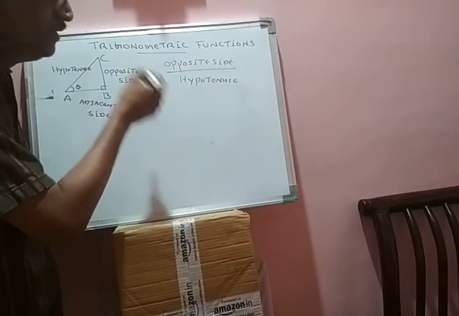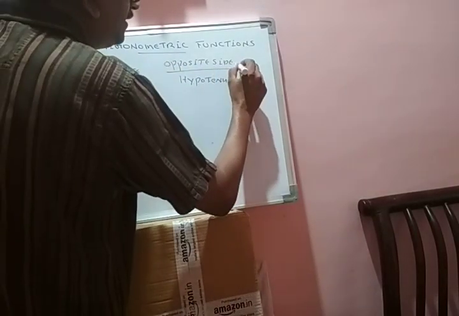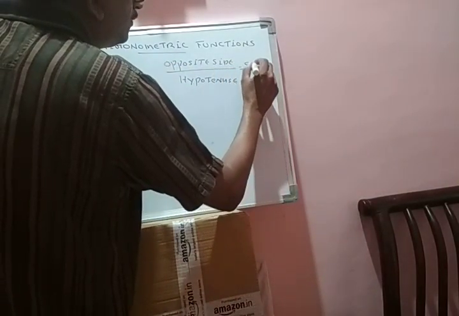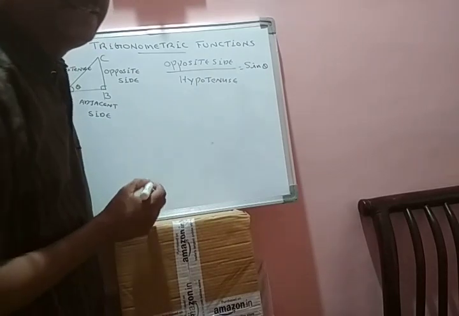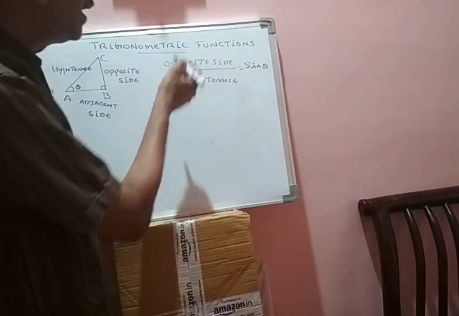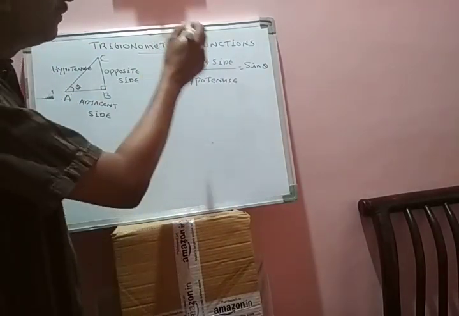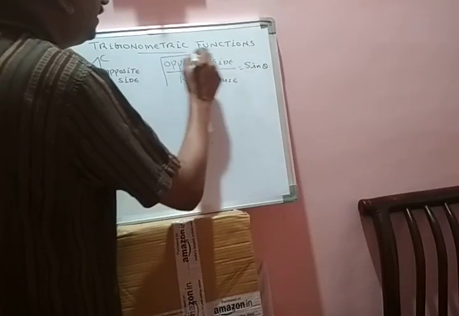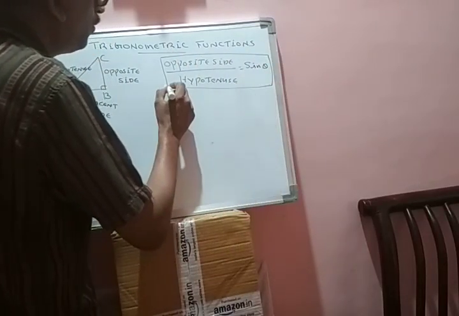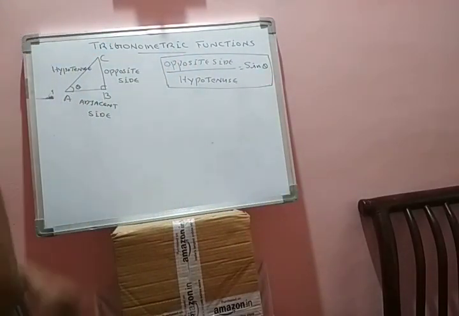This is a ratio. This ratio is known as sin theta. Therefore, the definition of sin theta is opposite side divided by hypotenuse. This is an important result. Sin theta is equal to opposite side by hypotenuse.